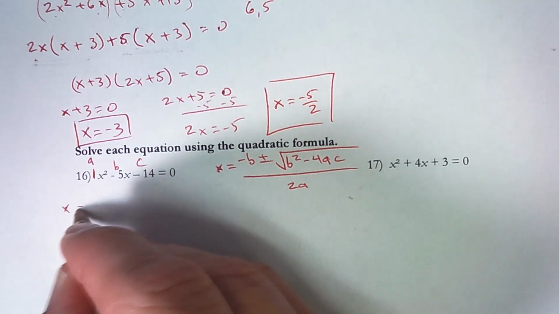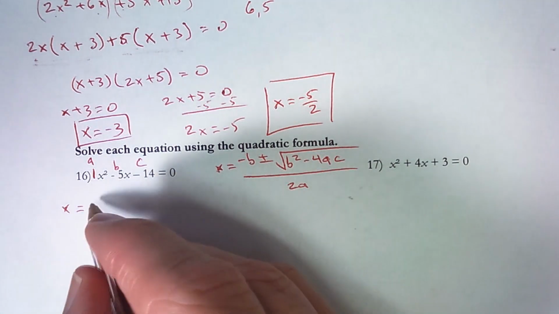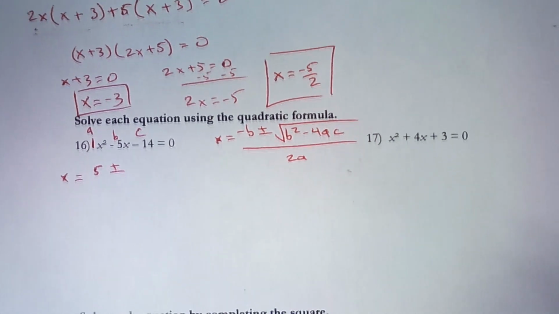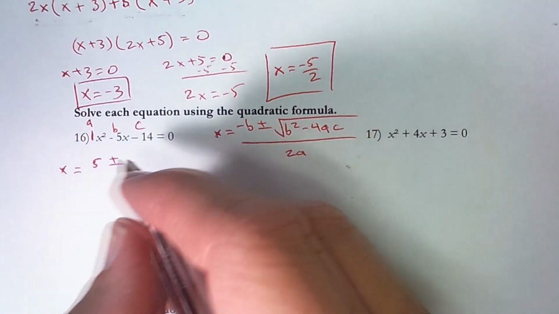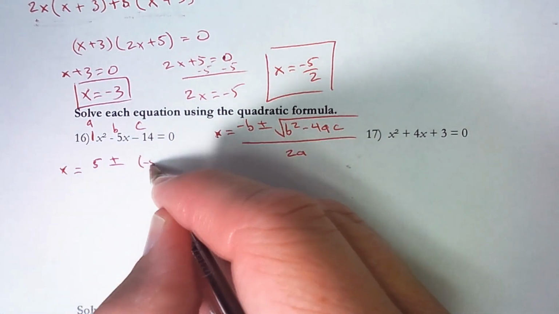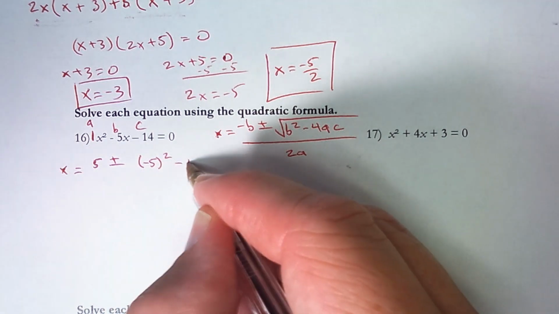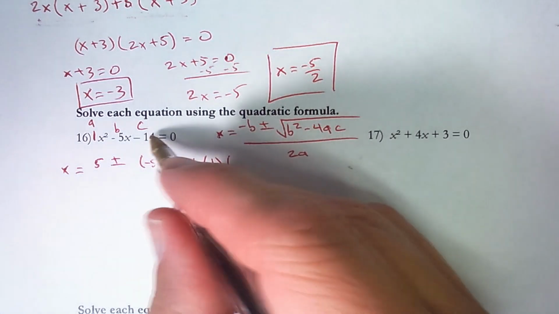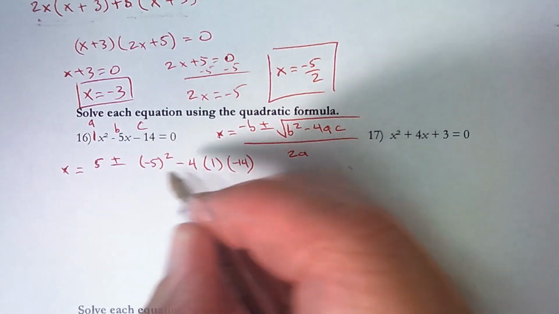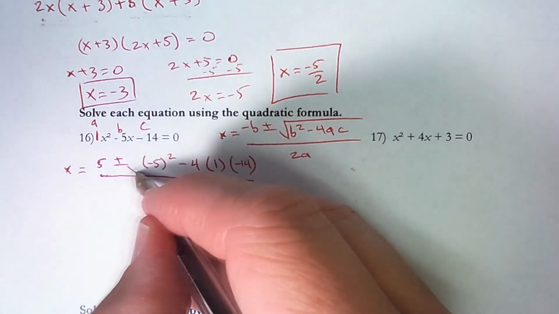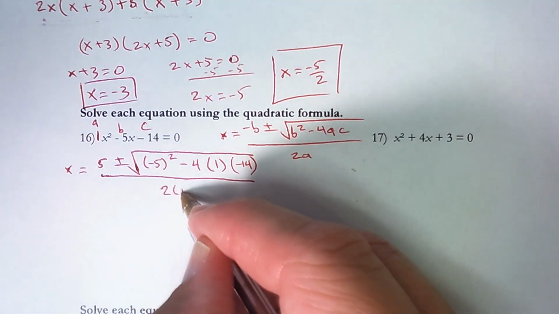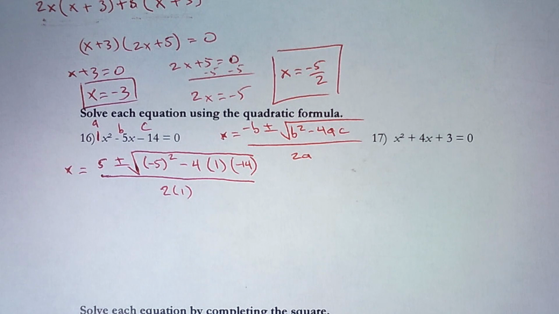So x equals the opposite of b, positive 5, plus or minus the square root, and we'll write in that symbol later, of b squared, so that's negative 5 squared, minus 4 times a, 1, times c, negative 14. That's under a square root, all over 2a, 2 times 1.